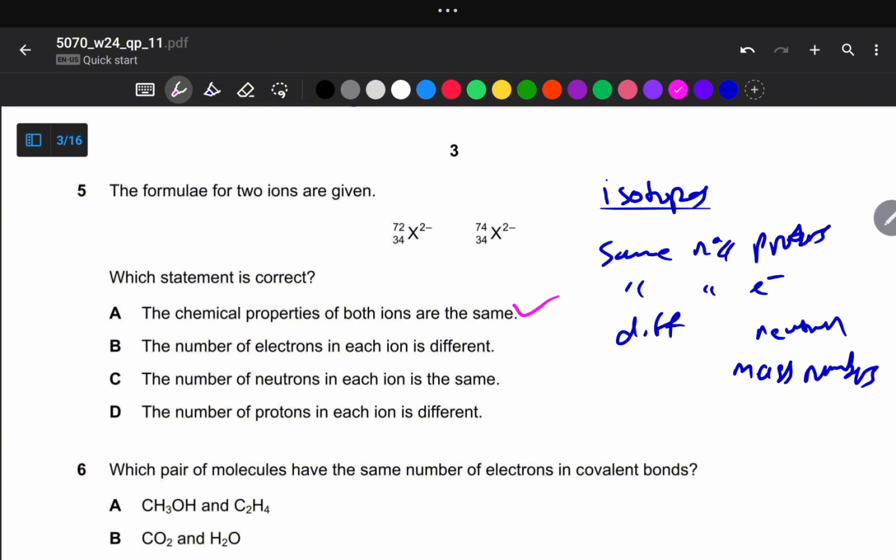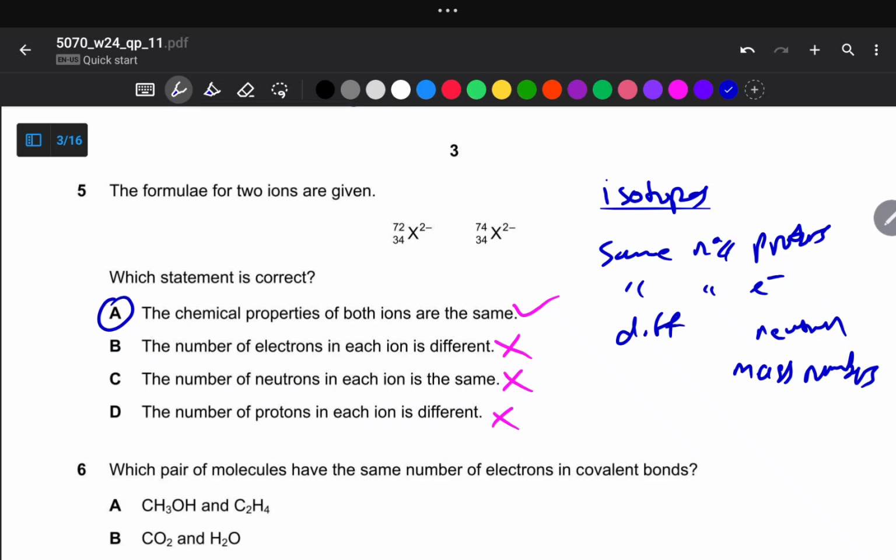Option B says the number of electrons in each ion is different. According to the principles of isotopes, they've got the same number of electrons, right? So this becomes false. The number of neutrons is the same: this is also false. The proton number in each ion is different: this is also false. So the correct answer is A.